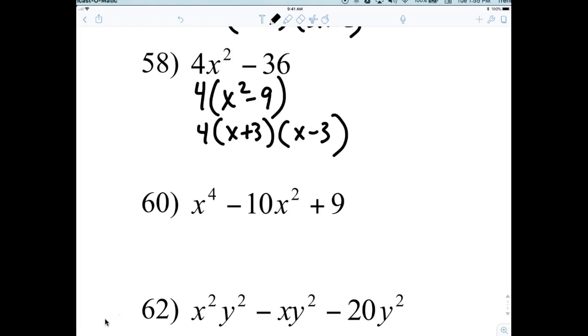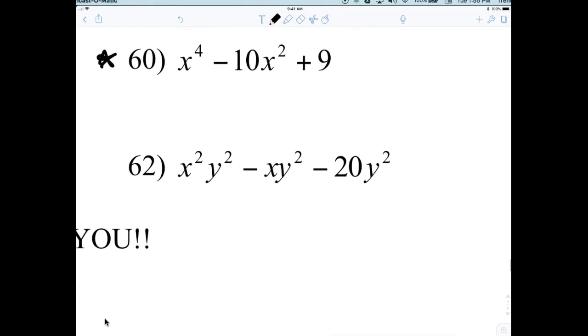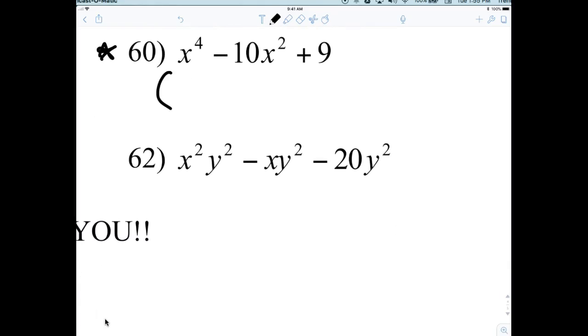All right, 60 is a nice little problem. Good job. Now, those are both not perfect squares, but difference of squares.